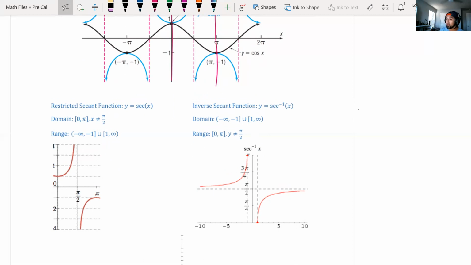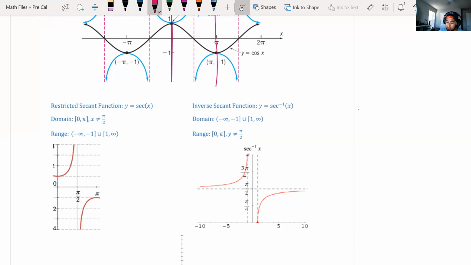So the secant function shares the same domain as which other one that we've learned so far? Who else has a domain from 0 to pi? Cosine. Good. The only difference between them is that cosine can exist at pi over 2. So if you find the inverse of secant by the compositions and all that fun stuff, we end up with the inverse secant function.